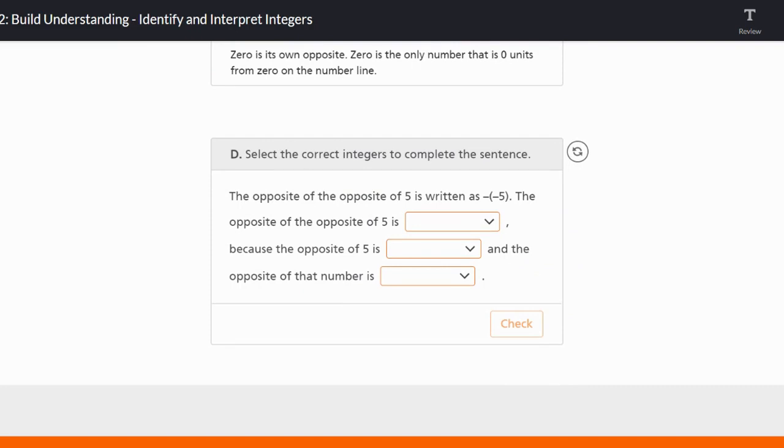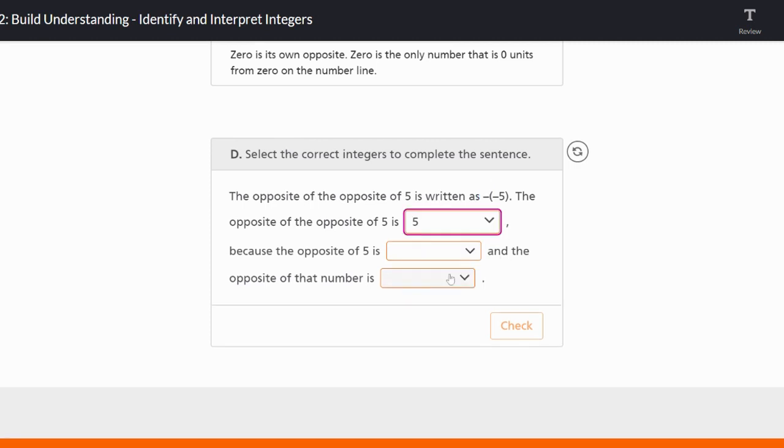The opposite of 5 is written as the opposite, so negative, of -5. The opposite of 5 is going to be, so what is the opposite of -5? The opposite of -5 is 5. So think about opposite of -5.